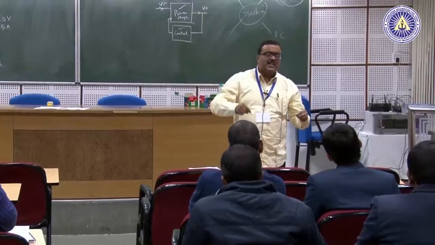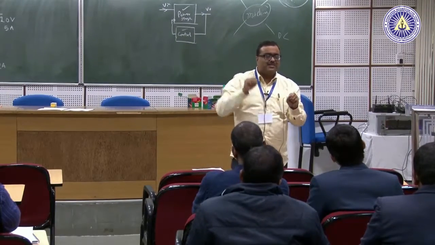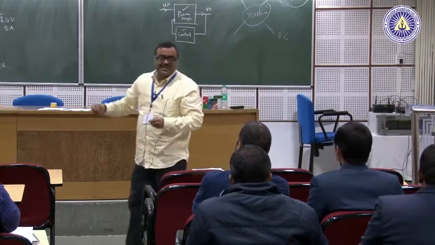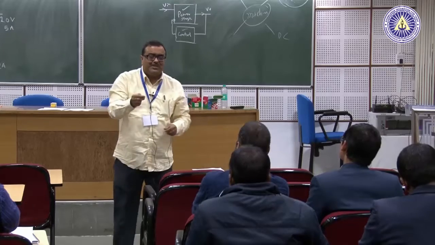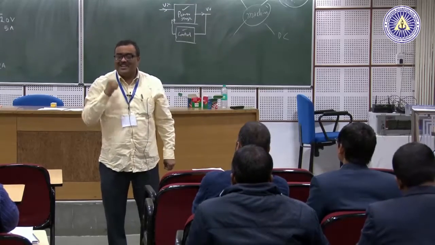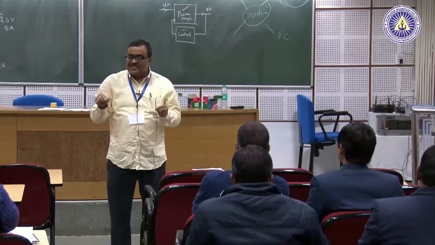Why does it take only 30 minutes to go from 0 to 80% or 90% of power? After that, it may take an hour to go to 95%, 96%, slowly it will charge. Why is it doing that? That means there is a control inside.